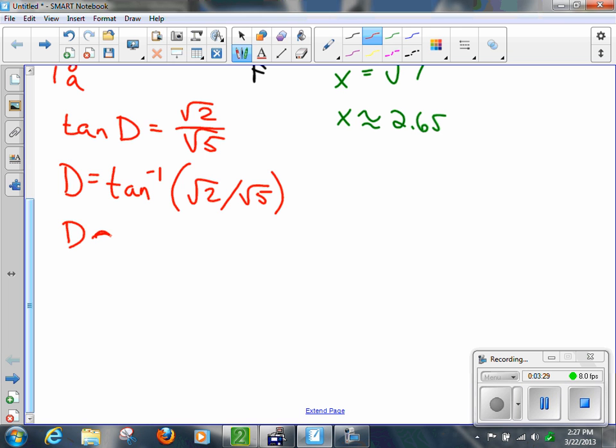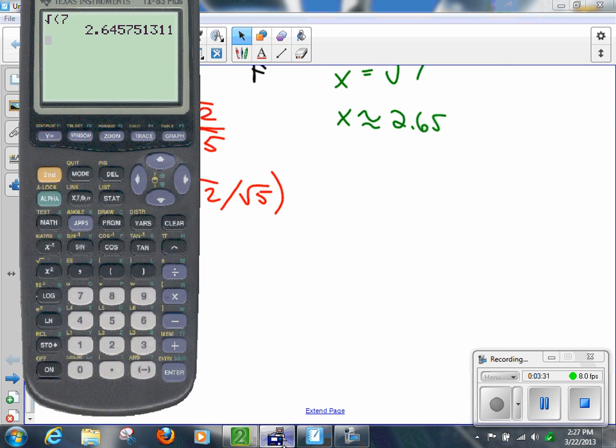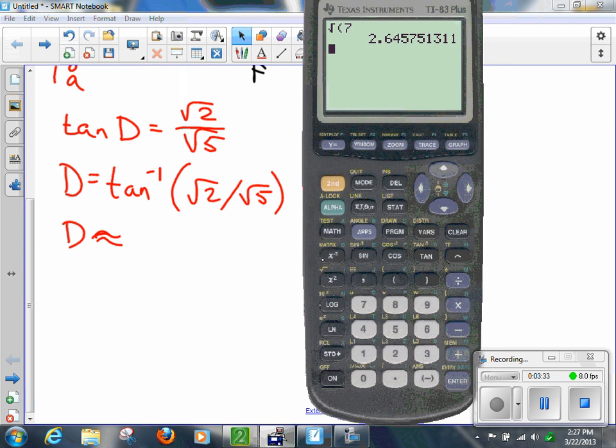So calculator: inverse tangent, I'm going to do square root of 2, closing the square root, divided by the square root of 5, closing the square root, approximately 32.3. Is that what I said?